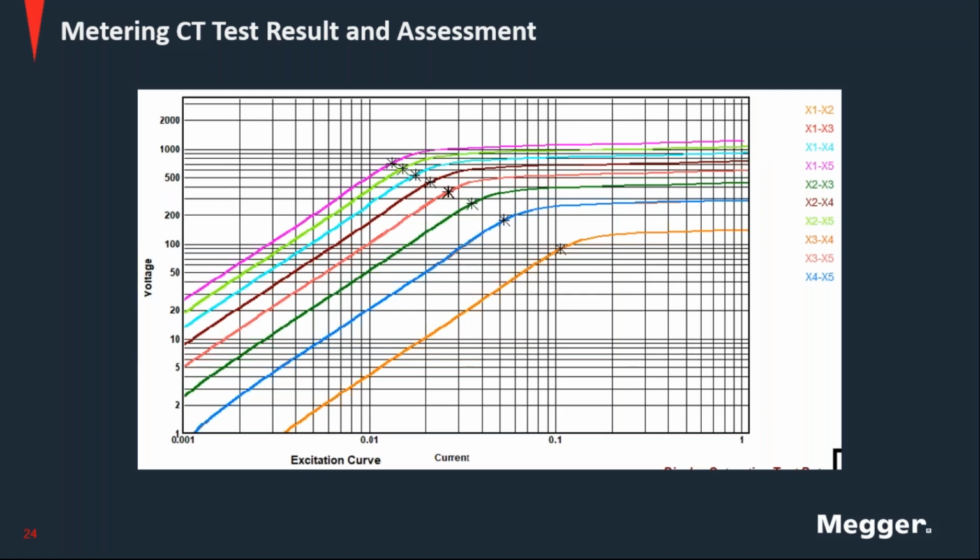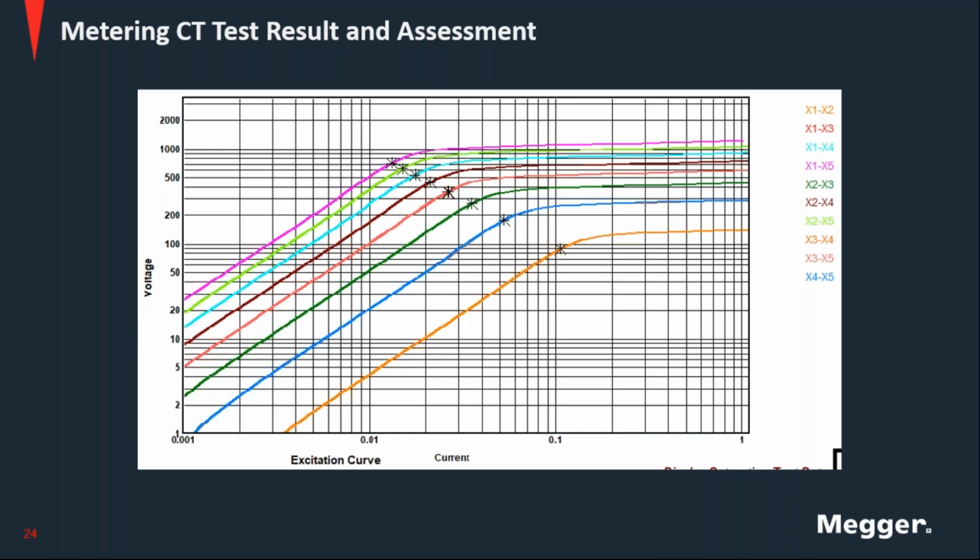The saturation test is performed up to 1 amp to avoid damage, because we are doing it from the secondary side. And part of the assessment is to evaluate the conditions of the instrument transformer under fault conditions, like 20 times or 200% of the rated current.